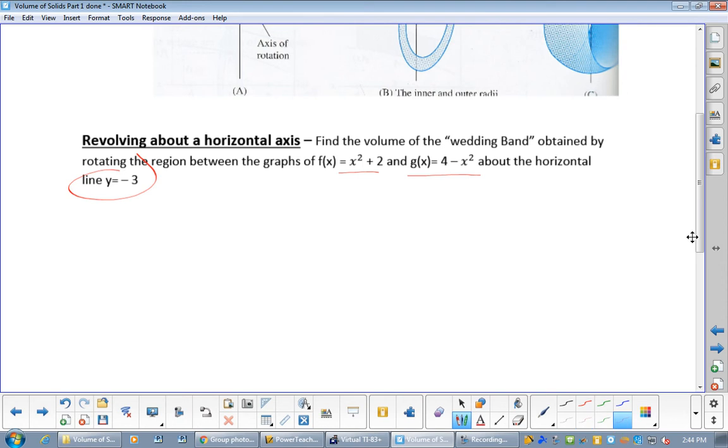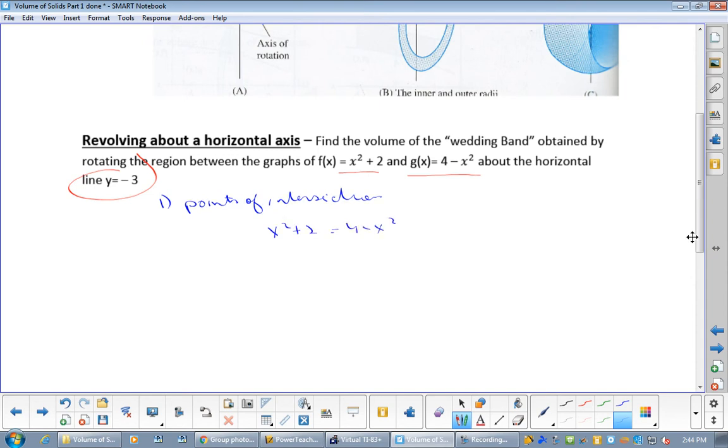In the other ones we've done up to now, they have given us the points that they want us to find between. But this one, we're going to have to go find points of intersection. And by doing that, all you do is make x squared plus 2 equal 4 minus x squared.